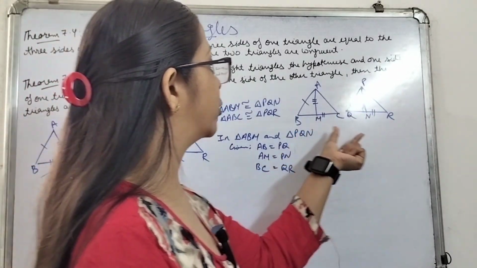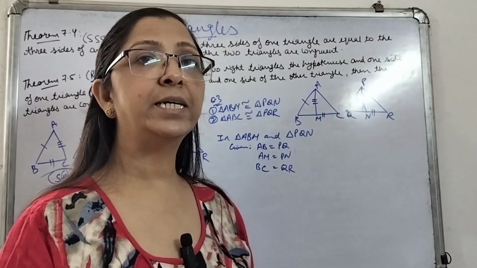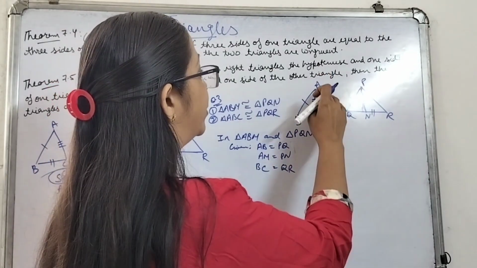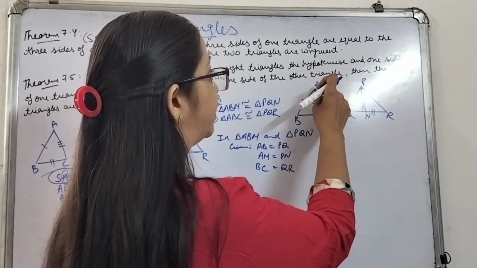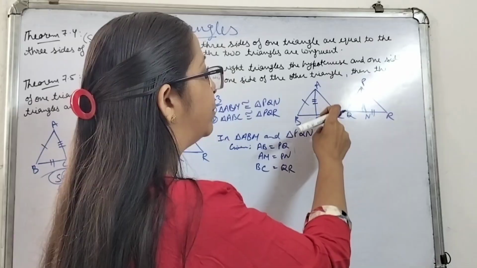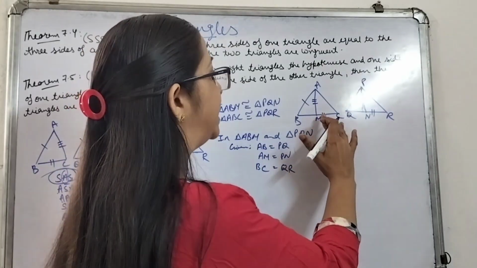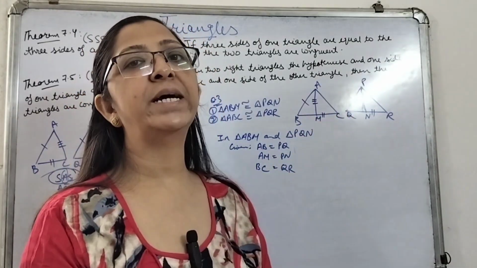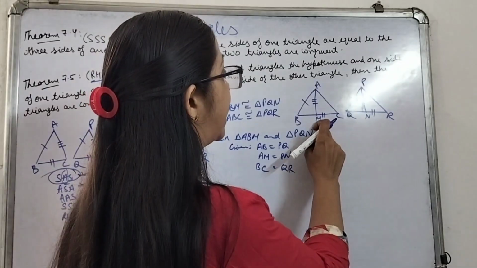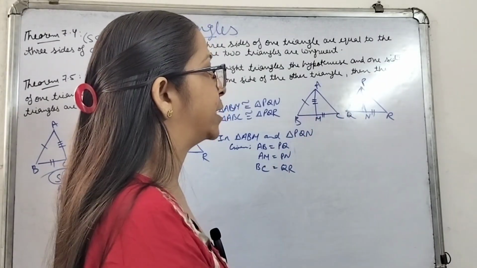Now, what is a median? A median is the line which bisects the side. That means if from point A we draw the median on the side BC, it will bisect the side, so M is the midpoint of BC.